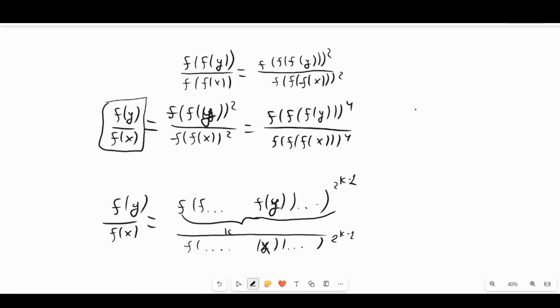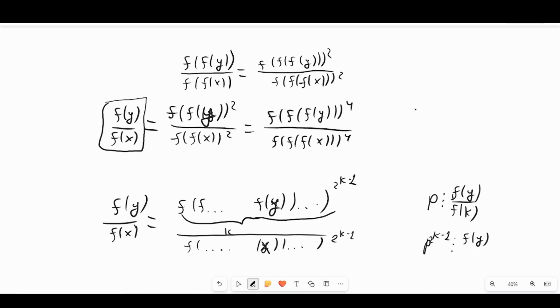So we can see that if some prime number p divides f(y) over f(x), p to the k minus 1 also must divide this number. 2 to the k minus 1 must also divide this number.